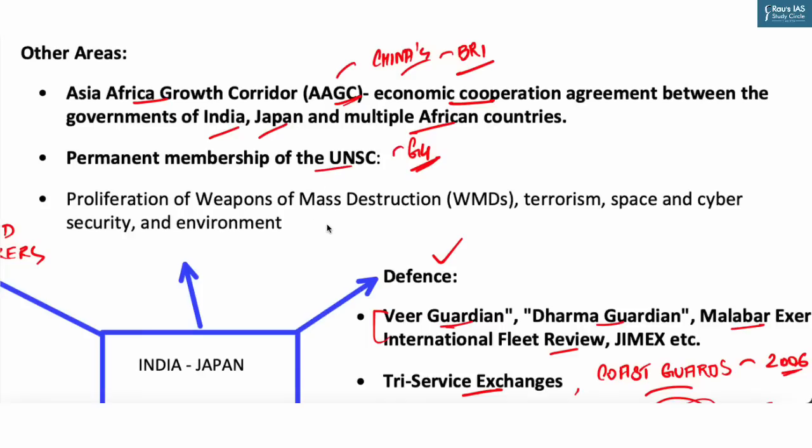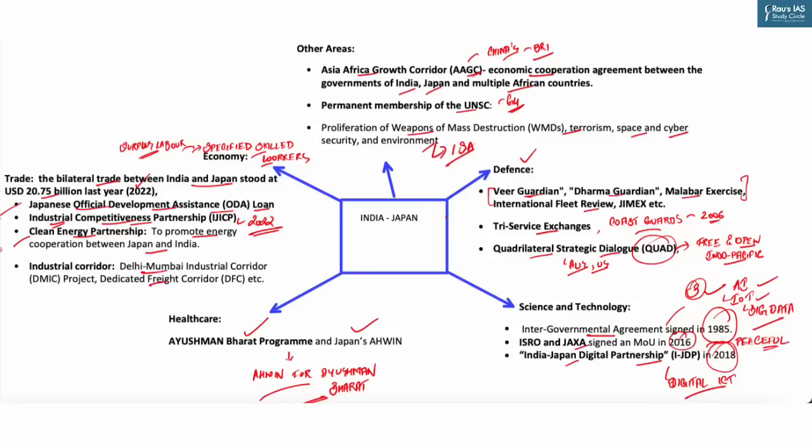Also, both the countries work closely on global issues such as proliferation of weapons of mass destruction, terrorism, space, cybersecurity, and environment. The best example of this is the International Solar Alliance. Now, these are the key areas where Japan and India share a good and thriving partnership.